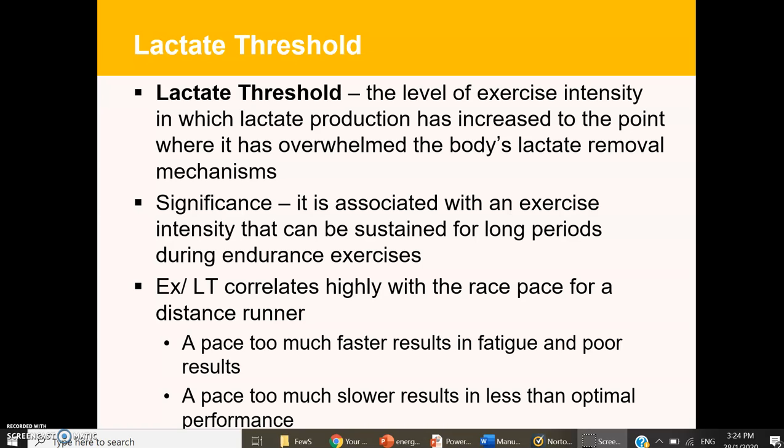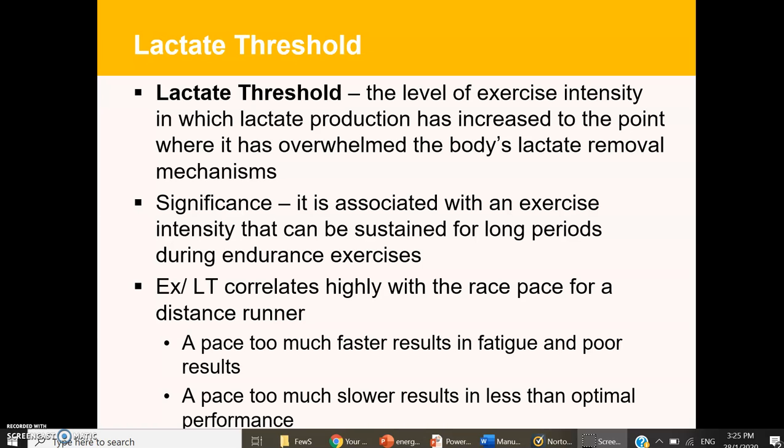However, lactate is produced at lower levels of exercise intensity in small amounts, but the lactate concentration in blood doesn't increase because lactate is being removed from the blood by the highly aerobic tissues and oxidized as fast as the exercising muscles are releasing the lactate into the blood. The lactate threshold more accurately represents the level of exercise intensity at which lactate production has increased to the point where it has overwhelmed the body's lactate removal mechanism.